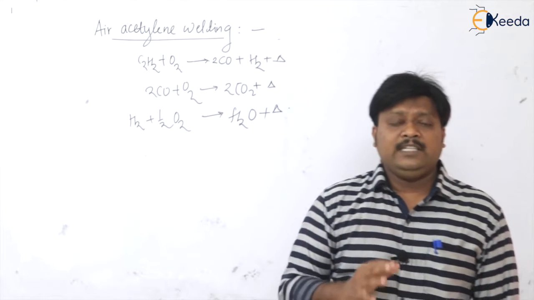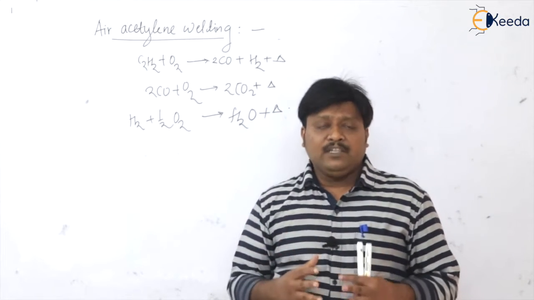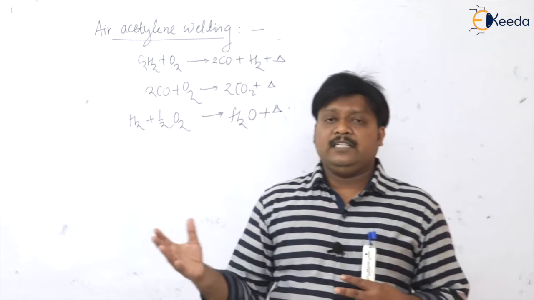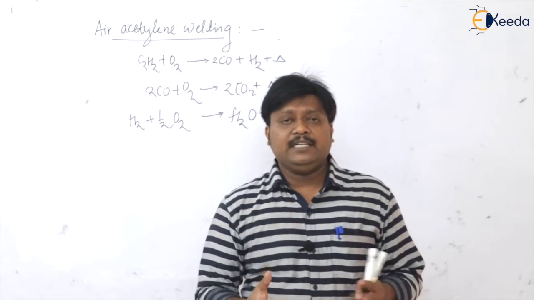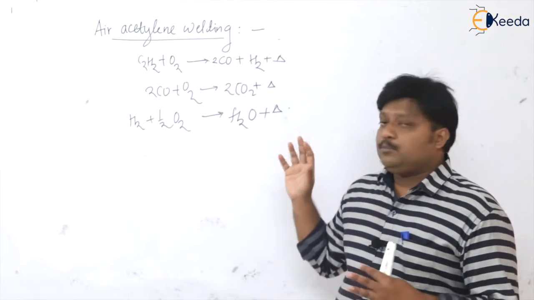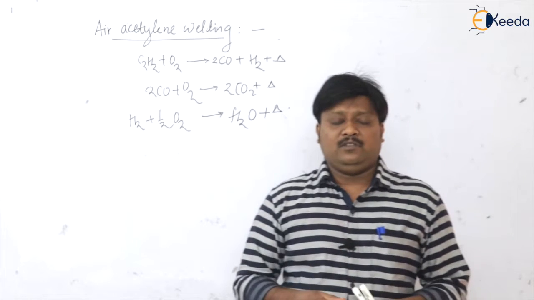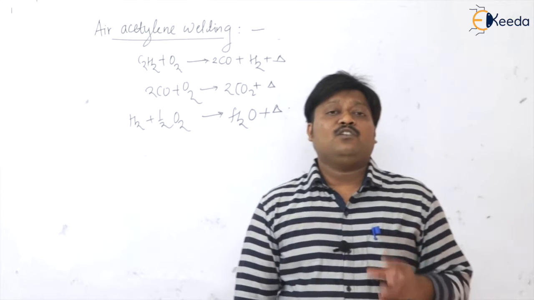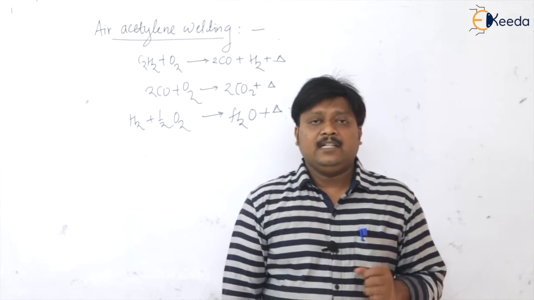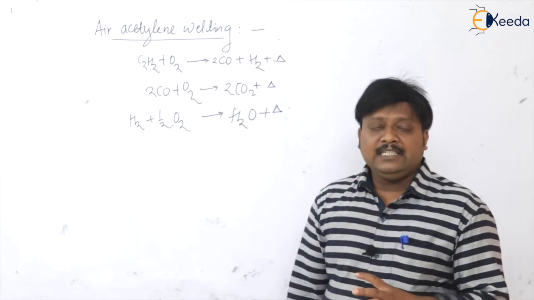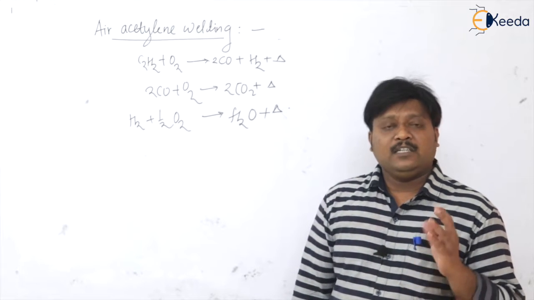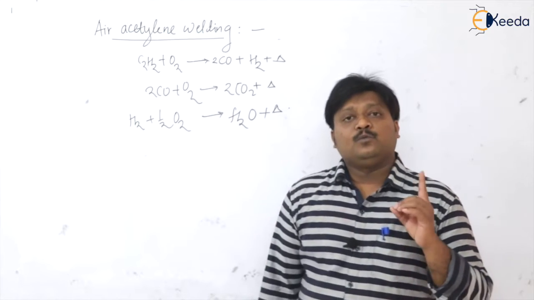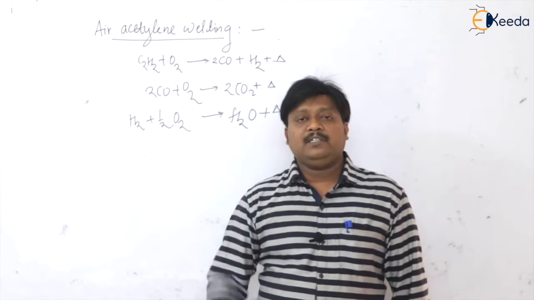The flame burns on the simple Bunsen principle, as happens in LPG burning, and the process was used as a heat source for the soldering operation. So the air acetylene process is nothing but removing the oxygen cylinder and taking the oxygen required to burn the acetylene from the atmosphere.